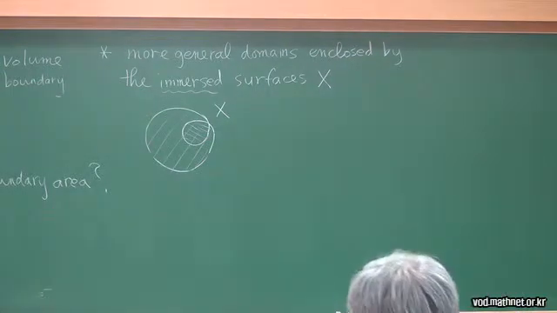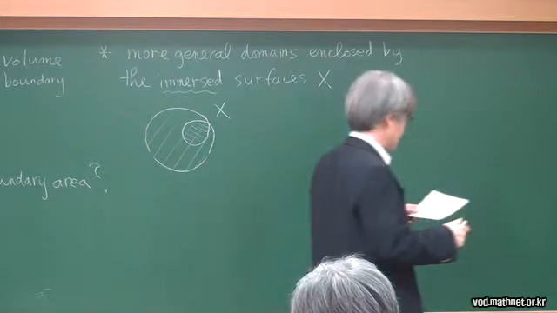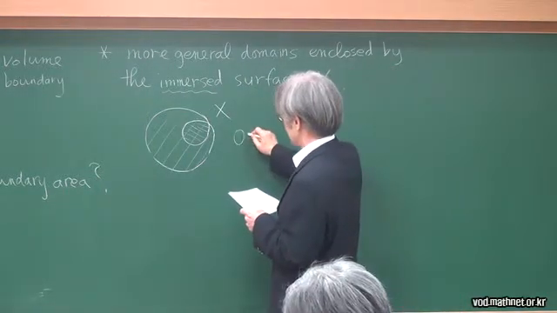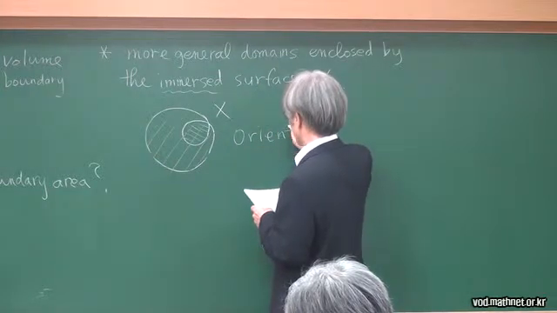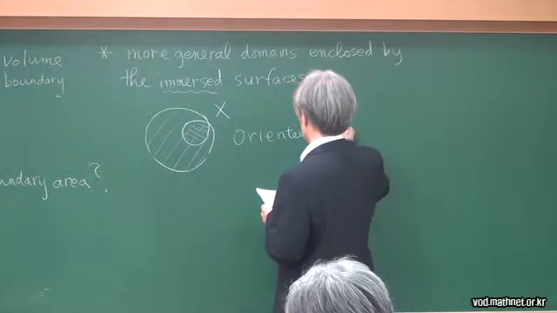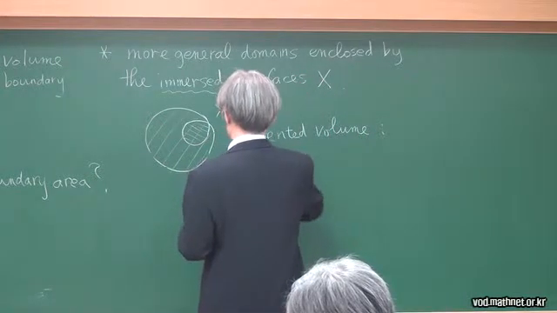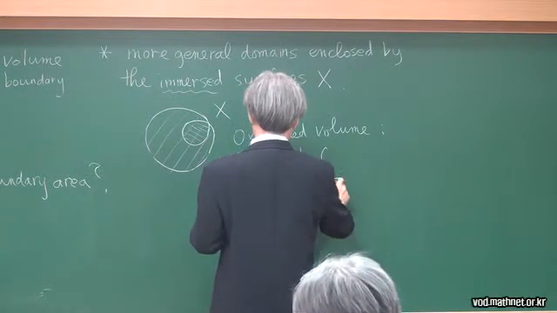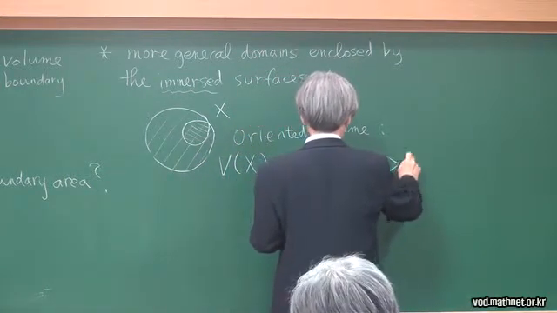For these more general immersed surfaces, the enclosed volume is defined as oriented volume, which is V of x equals 1 over n+1 integral over sigma of x dot nu ds.